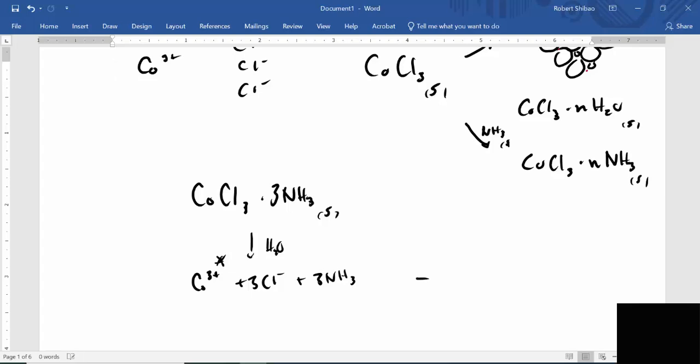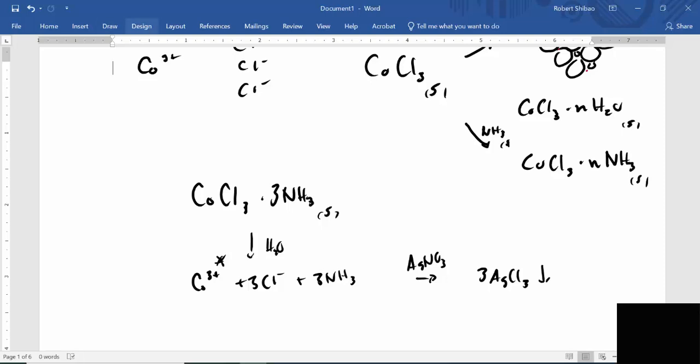You could easily test this with silver nitrate. If we add silver nitrate, what's going to happen? What will the silver nitrate react with? Chloride, right? And it's going to precipitate out what? Silver chloride. So we should expect 3 silver chlorides to precipitate.